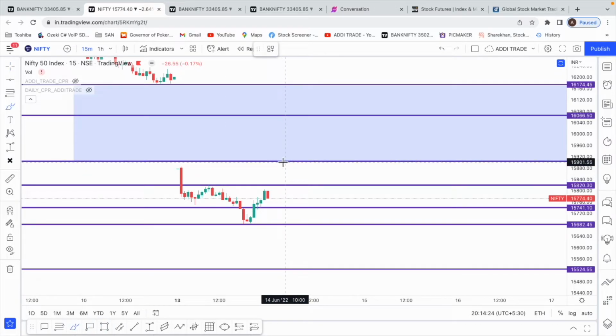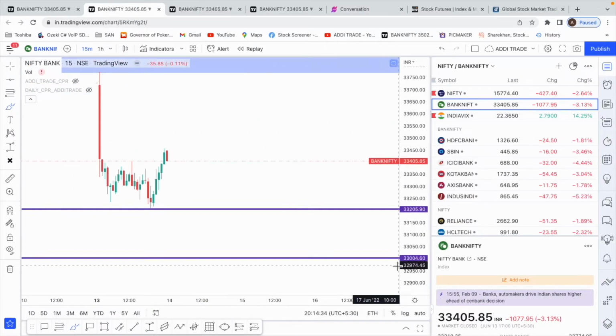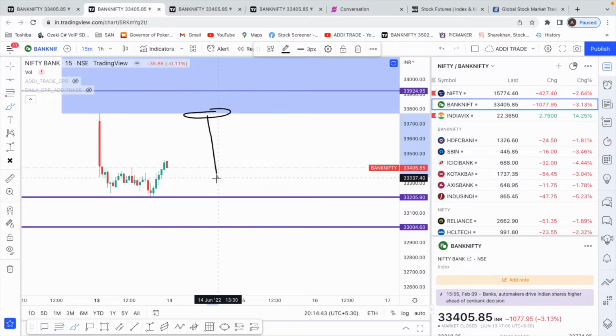The gap boundaries act as support and resistance. So this boundary can act as a good resistance both in Nifty and Bank Nifty. There is a possibility if Bank Nifty also comes up, it will take some good resistance over here at 33,700 and then again dip.